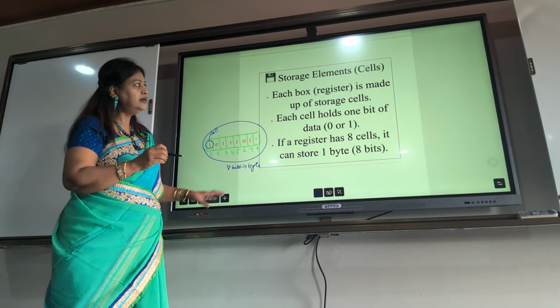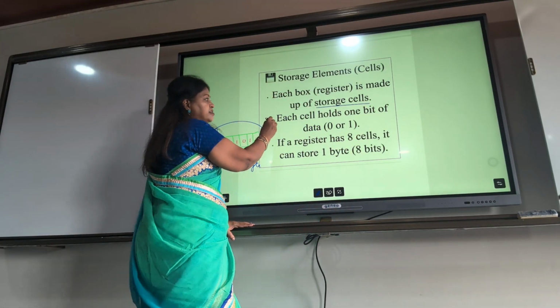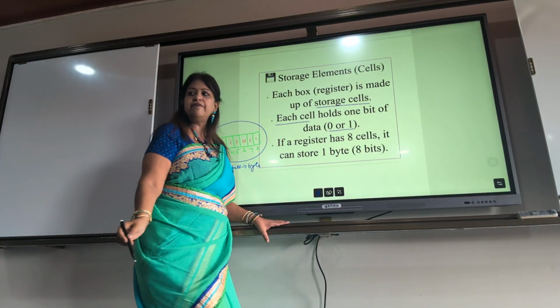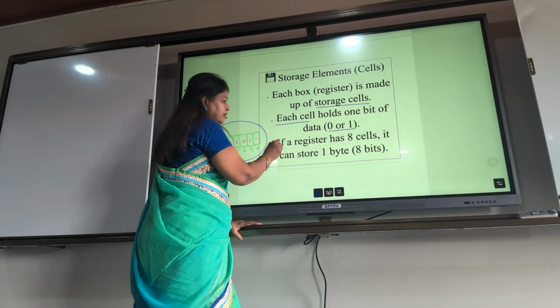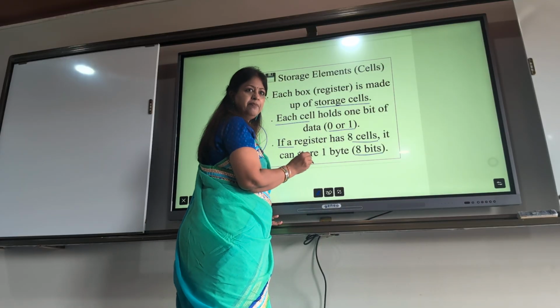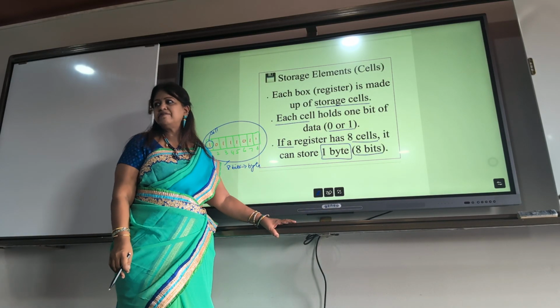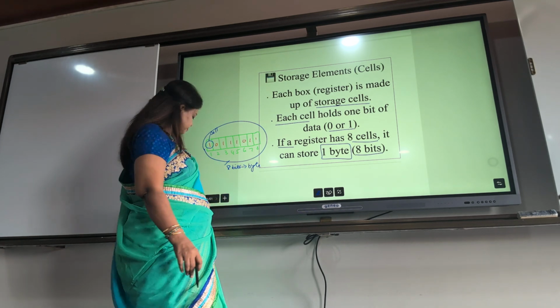Like that, a register is made up of storage cells. Each cell can hold 1 bit of information, either 0 or 1. If a register has 8 cells, that means you can store 8 bits. It is called 1 byte. Please remember this.